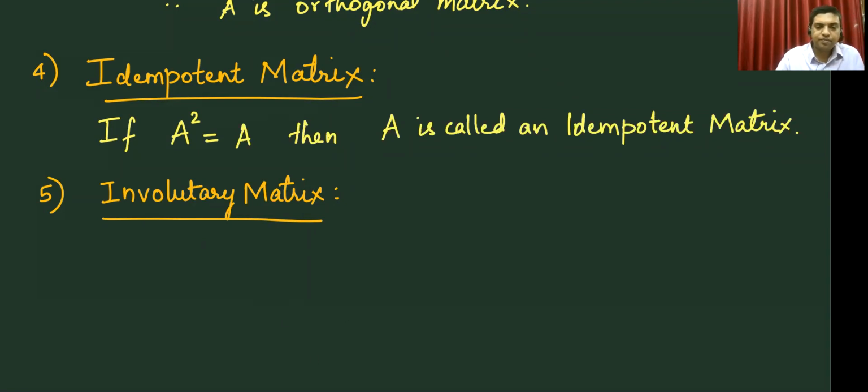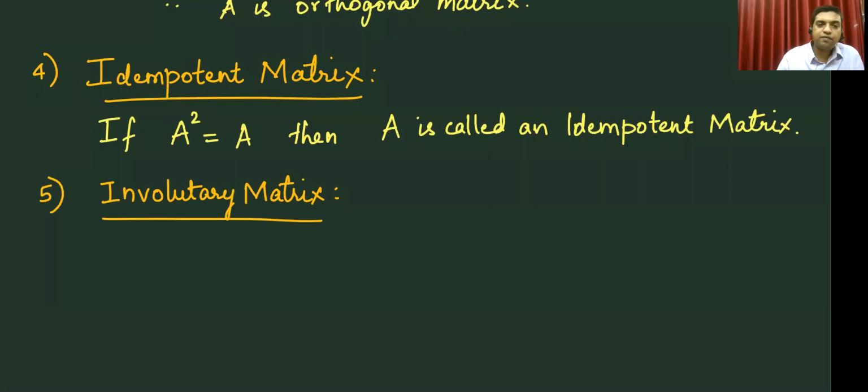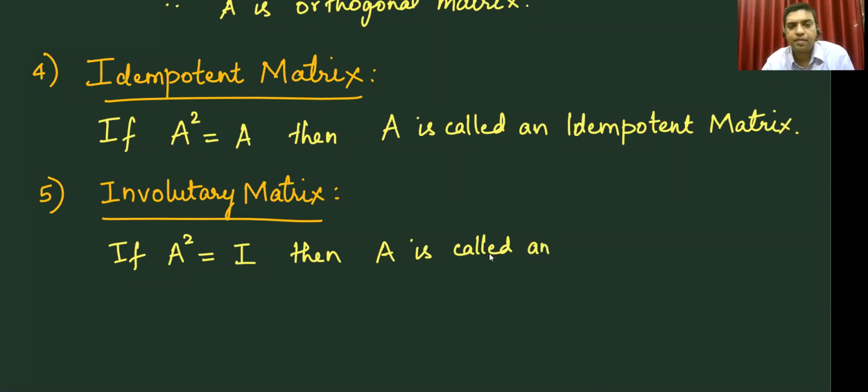Involutory: if A square is equal to I, then A is called an involutory matrix.